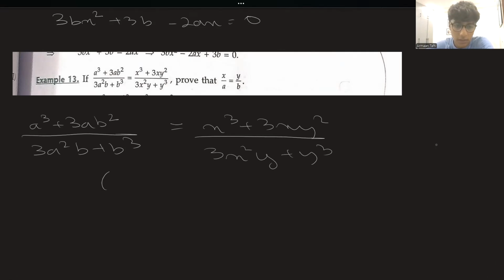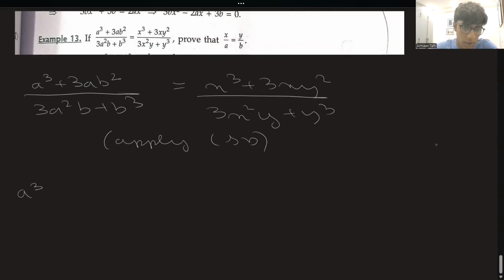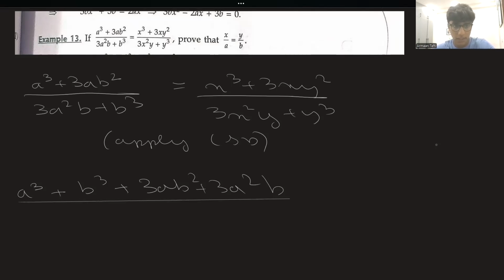Let's apply C and D. So now we get a cube plus b cube plus 3ab square plus 3a square b. I've intentionally written it in this form. You should identify this as a plus b whole cube, right? And divide this, you get a cube minus b cube minus 3a square b plus 3ab square, right? Again, a minus b whole cube, right?